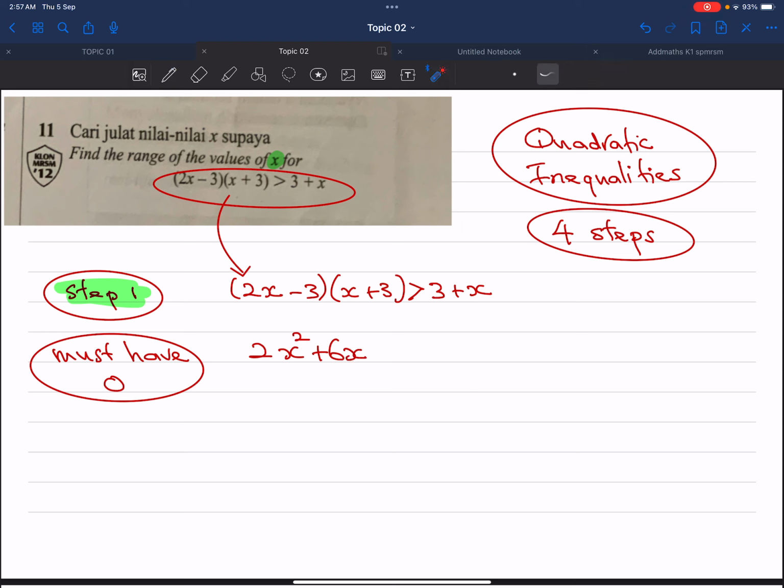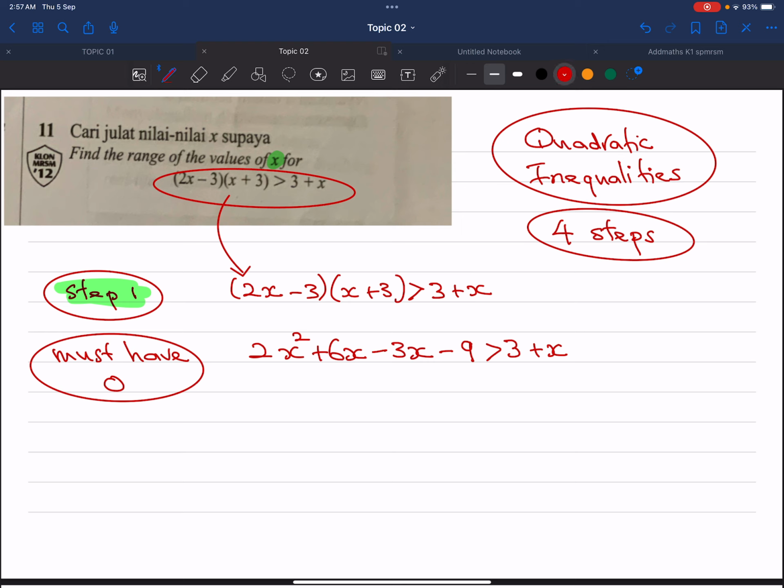And then minus 3 times x, which is minus 3x. And finally, minus 3 with plus 3, I'm going to get minus 9. The right hand side, I just copy back. More than 3 plus x.